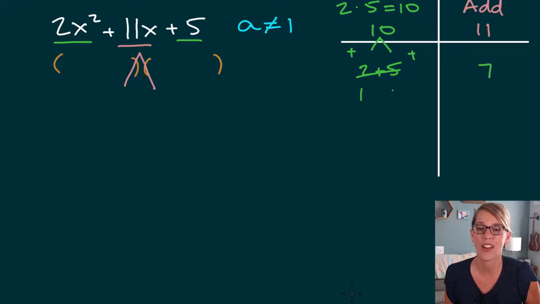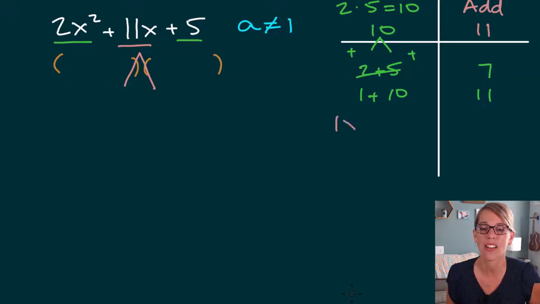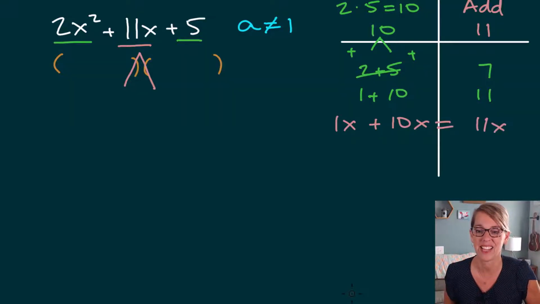I could also do 1 times 10. Now, this is exactly what I need. 1 plus 10 is equal to 11, and 1 times 10 worked to multiply to be equal to 10. So I'm going to use that as a 1x plus a 10x to replace the 11x in the middle.